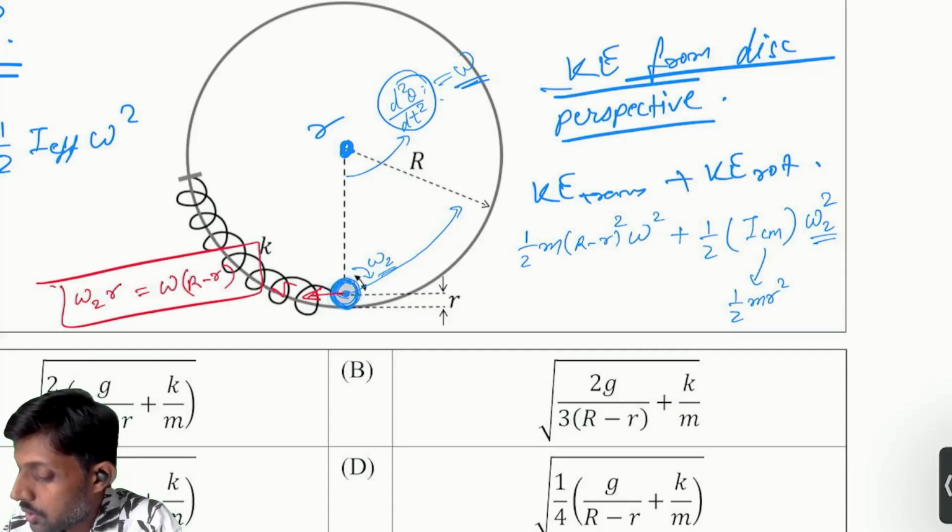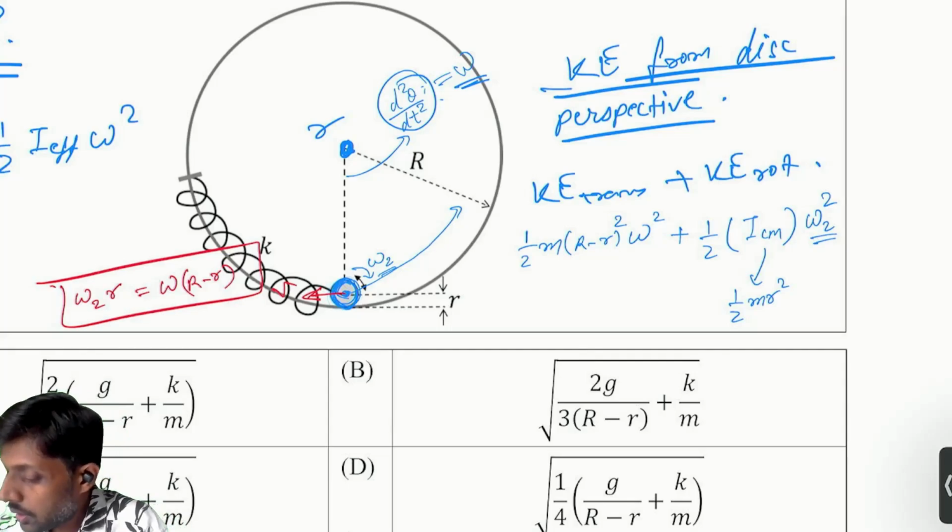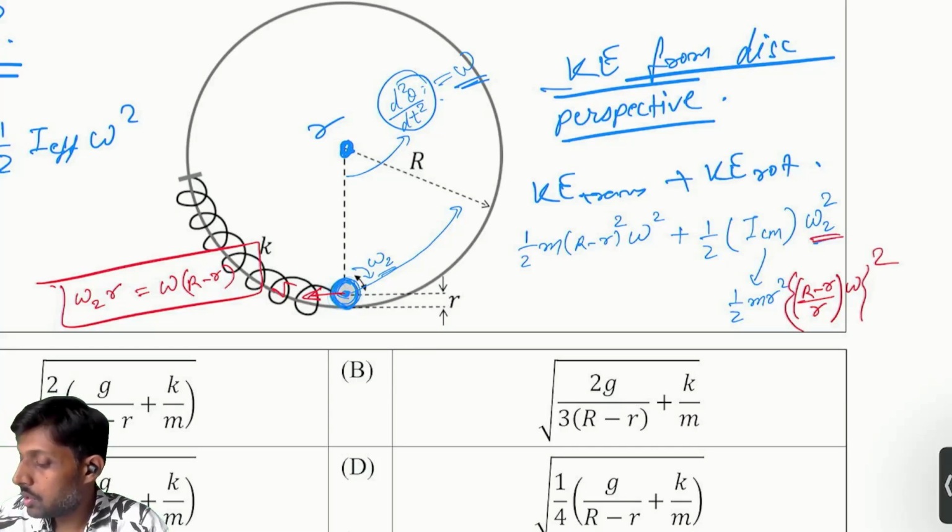This would give us the relation. So here instead of omega 2, you can write (R minus r) upon small r into omega. And this entire thing's whole square is what you have to substitute here.